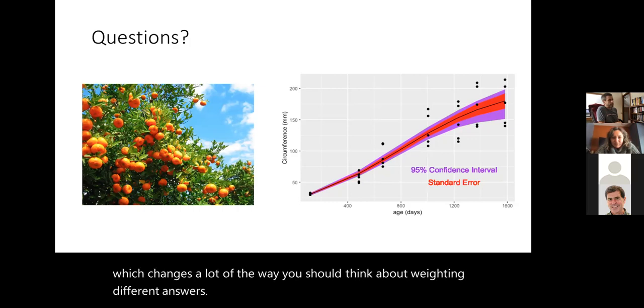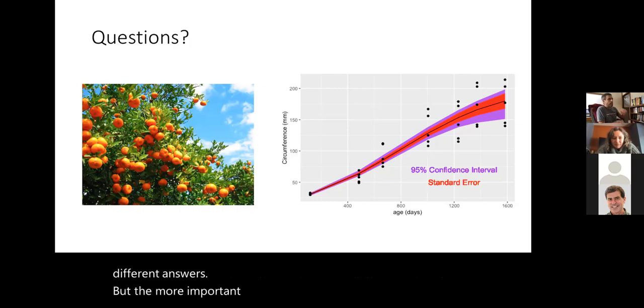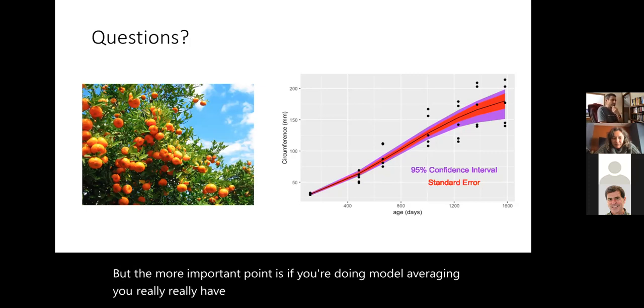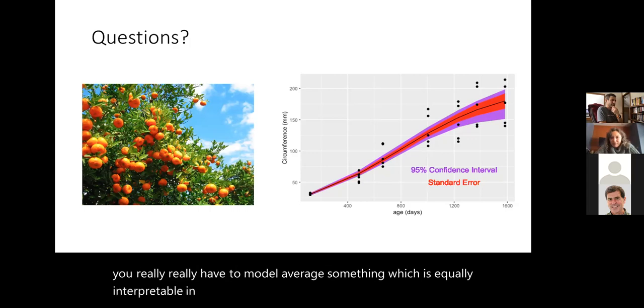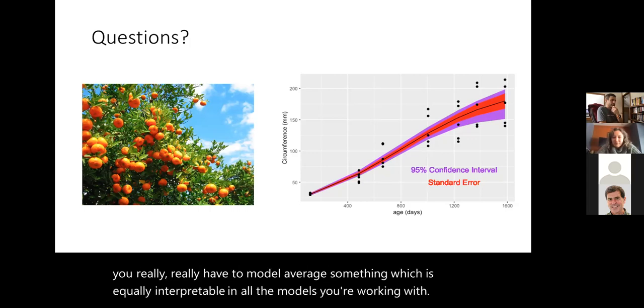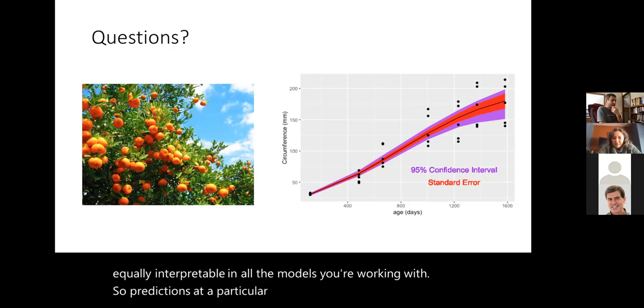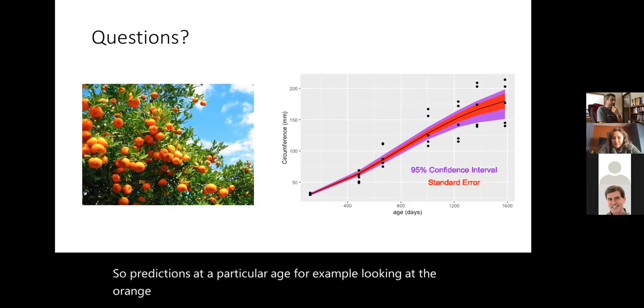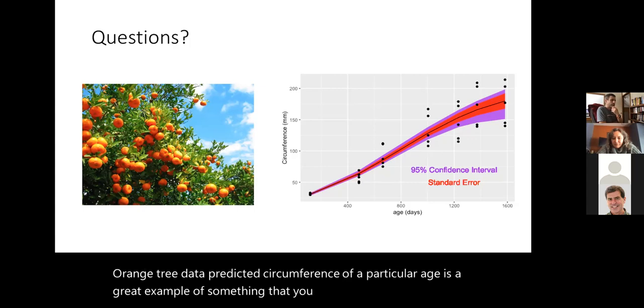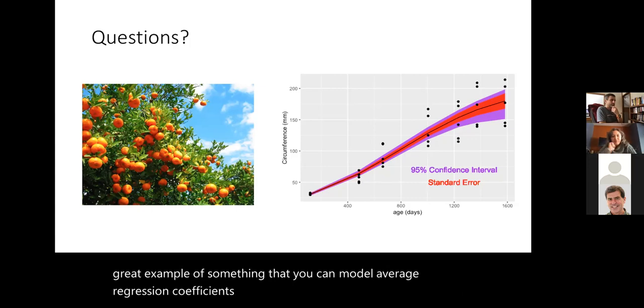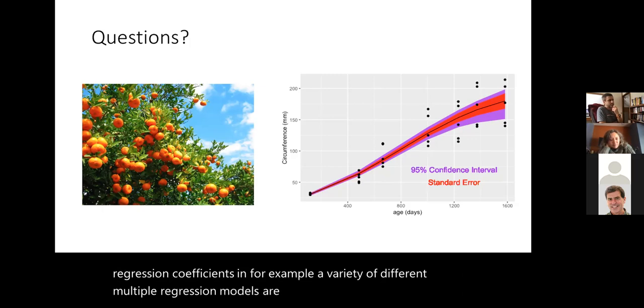But the more important point is, if you're doing model averaging, you really have to model average something which is equally interpretable in all the models you're working with. So predictions at a particular age, for example, looking at the orange tree data, predicted circumference at a particular age is a great example of something you can model average. Regression coefficients in, for example, a variety of different multiple regression models are not something you should be model averaging.